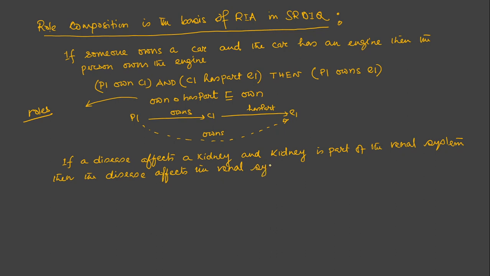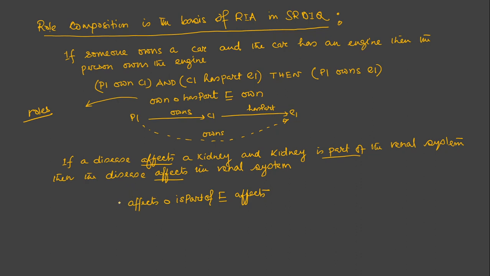This is very common sense knowledge, right? And this also we can represent using composition of different roles. The roles that we have are affects and is part of, and from that we are obtaining affects. So we are saying affects composed with is part of implies affects.